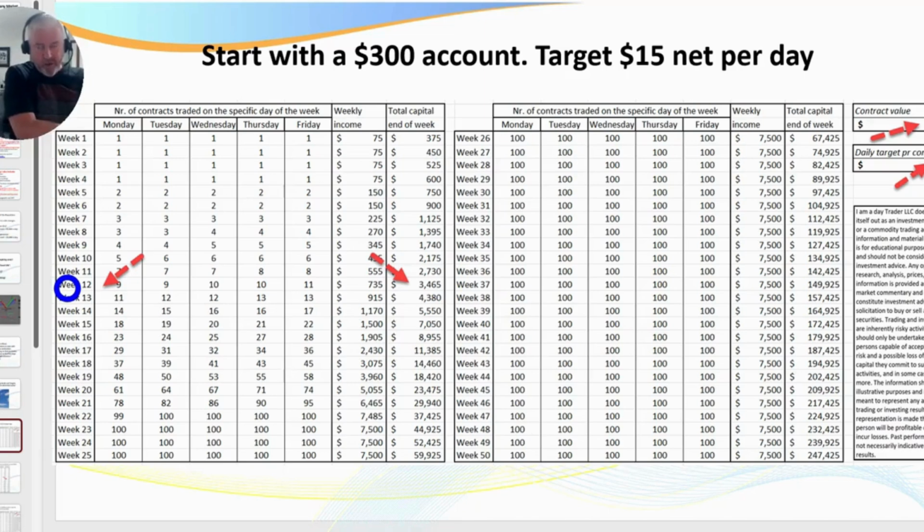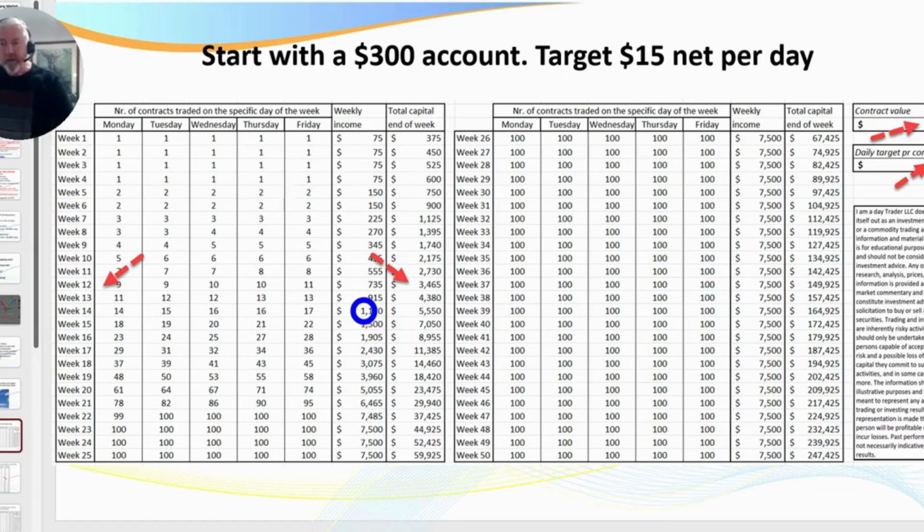Then, and I cover this in my training, you start trading the micro. Do you think you're going to go and work for a hedge fund and they all of a sudden give you $100,000, $1 million to trade with? Of course not. You've got to do your internship. Every master was once a student. We're not talking about years here, we're only talking about months, if that. You can do this, but you've got to do it correctly.